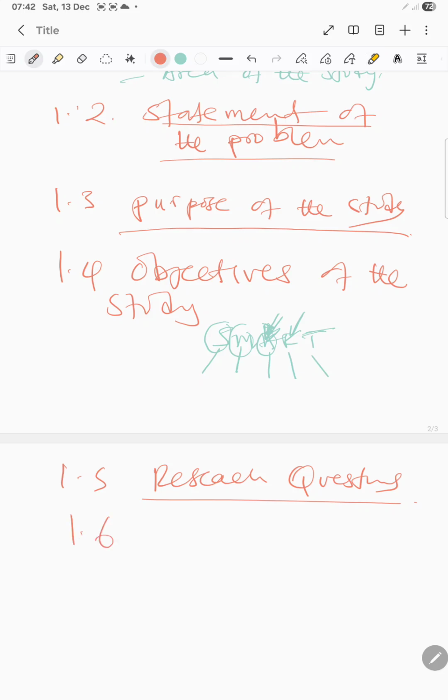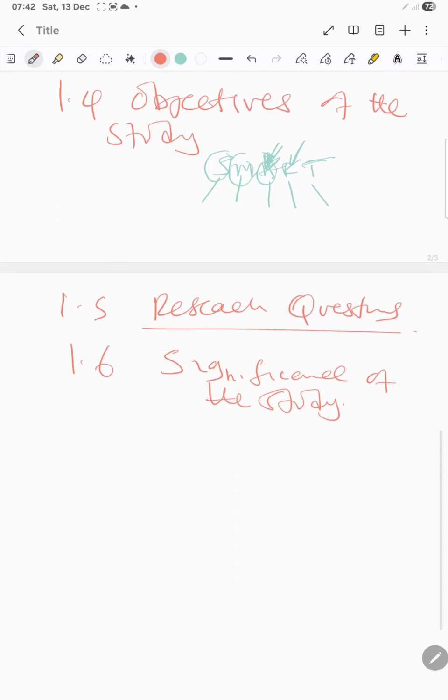Then you go to 1.6, which in the research is called the significance of the study. Now, what is the significance of the study? The significance of the study is simply the importance of you writing a certain research or this proposal.